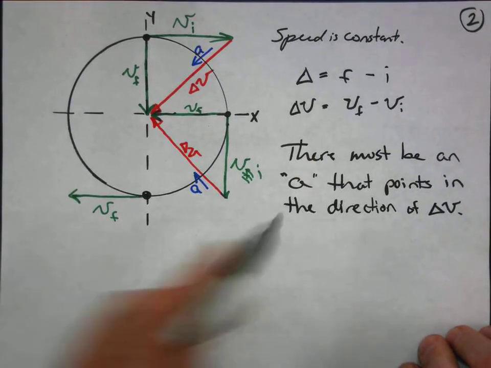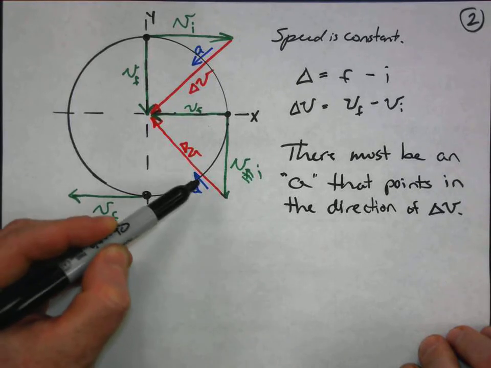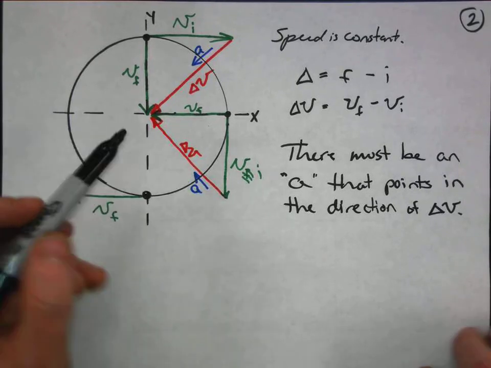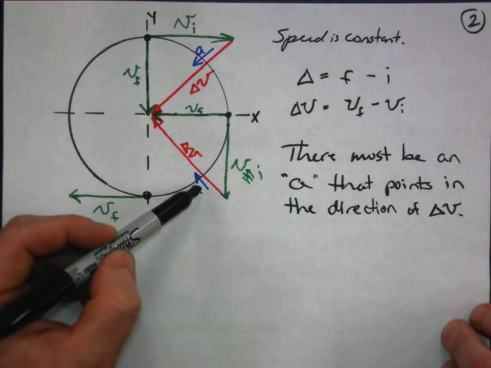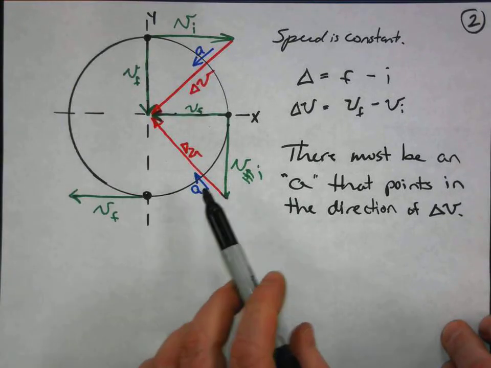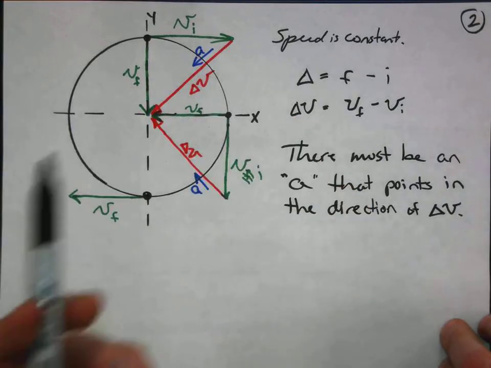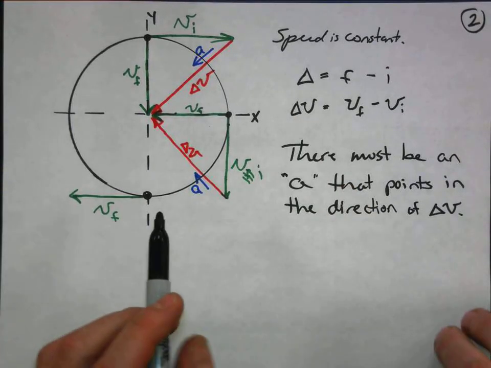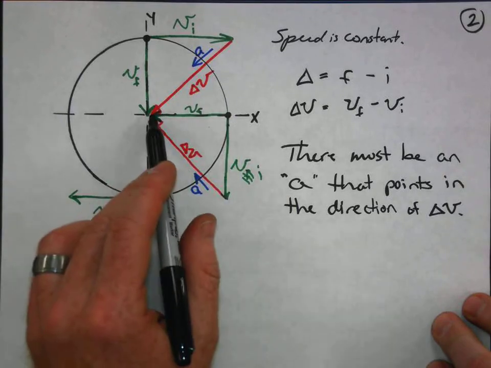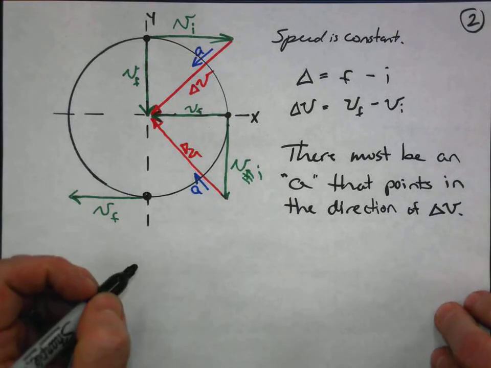Now notice I didn't draw the blue arrow for acceleration as long as that. Well, I don't know that it will be as long as that. There's no way of knowing its length, not from a diagram. But I can certainly identify the direction, and the direction here as well, and the direction anywhere. And since the delta V will always be pointed toward the center, the acceleration will always be pointed toward the center.